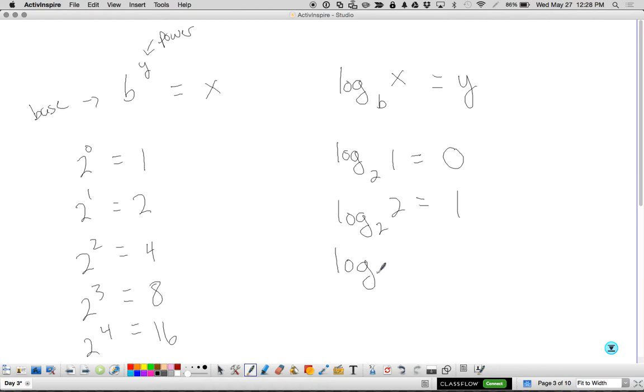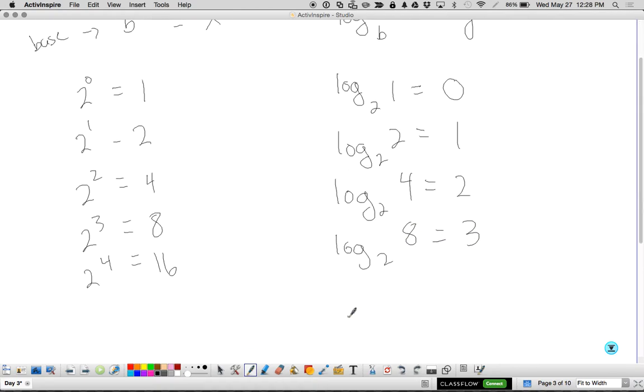Log base 2 of 4 is going to be 2. Log base 2 of 8 is going to be 3, and so on. So the last one I need to do in this series is log base 2 of 16 equals 4. Okay, so the log just tells you how many times you have to multiply the base by itself to get this value x.